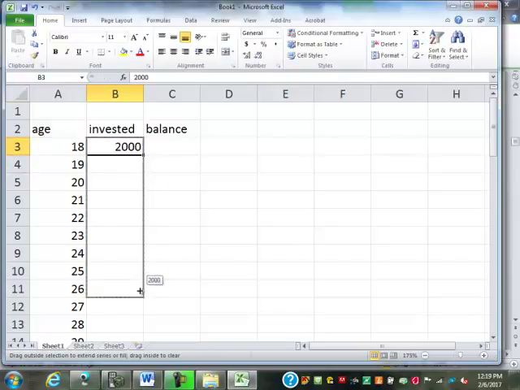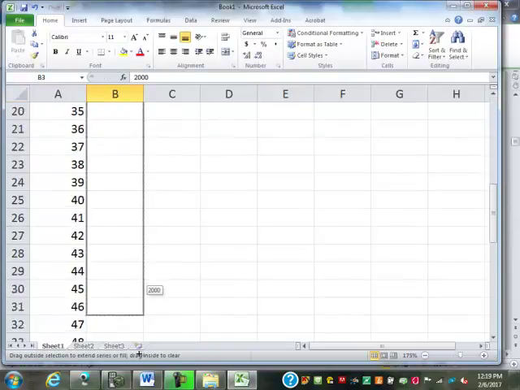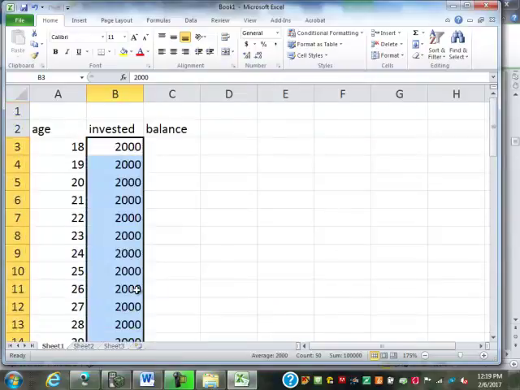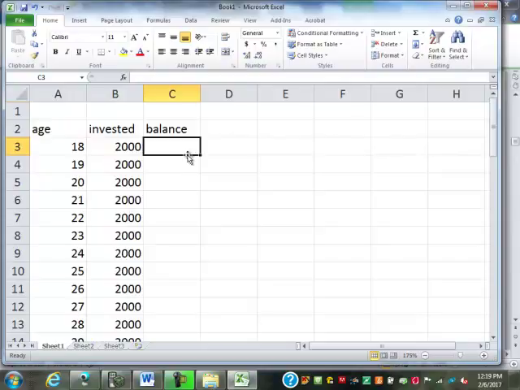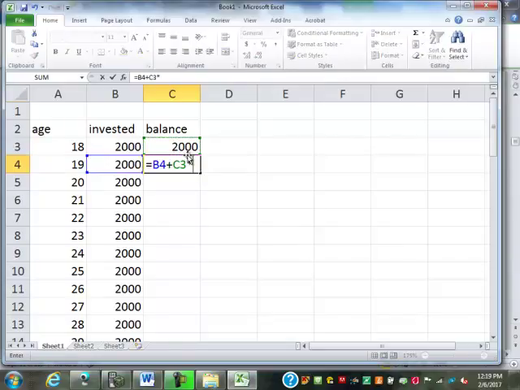And we're going to assume you're only putting away $2,000 a year, which, like I said, once you're out and employed, you can put up to $5,000 or $5,500 a year. And we're going to stick with just the 10%.